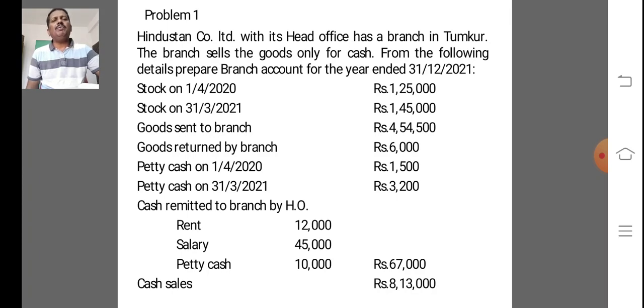Petty cash on 31/3/2021 rupees 3,200. Cash remitted to branch by head office: rent 12,000, salary 45,000, petty cash 10,000. Total cash remitted to branch by head office 67,000. Cash sales 8,13,000.